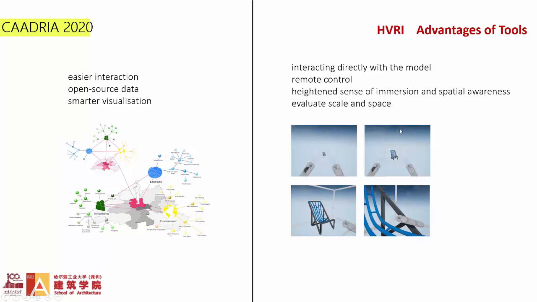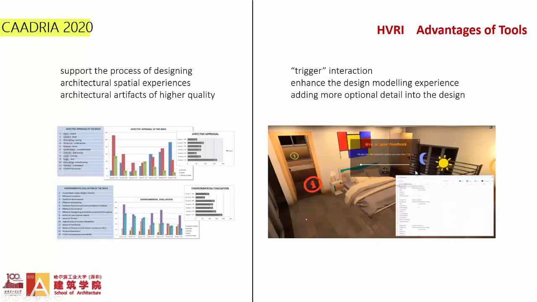And of course, right now we are also able to interact directly with models in VR, although it's still using a remote control, it provides a heightened sense of immersion and spatial awareness, which provides a unique opportunity for designers to perceive and evaluate scale and space.